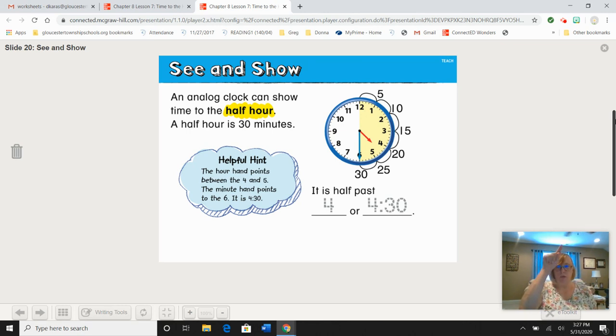And it's 12, and then the 6, and then the 3, and the 9. You can try, unless you happen to have a little brother or sister who might have one of those little clocks. But don't worry about it. Just try your best on it.